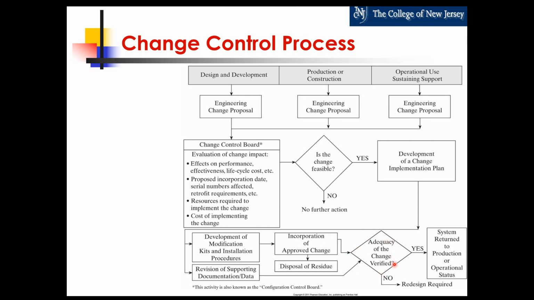It may be that the change is not adequate because you actually find that what you thought was going to happen doesn't materialize when you actually test it. Again, you may have to redesign. You may be back at this bad consequence. But if everything works out, then you basically re-release with the change incorporated or retrofitted in the field.